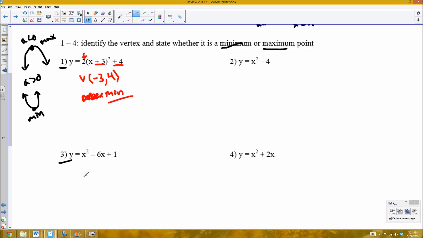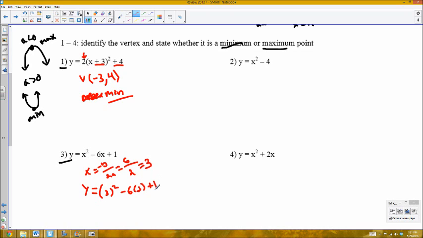For the second one, it's in standard form, so I'm going to use that equation for the axis of symmetry, negative b over 2a. In this case, since b is -6, negative 6 will be +6 over 2 times 1, which is 2. So the x coordinate is 3. And to get that y coordinate, I'm going to plug 3 back into that equation, replacing x with the value 3.